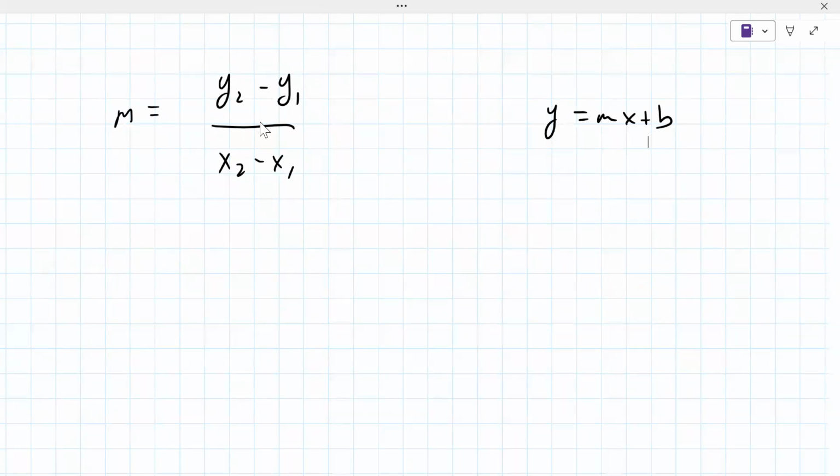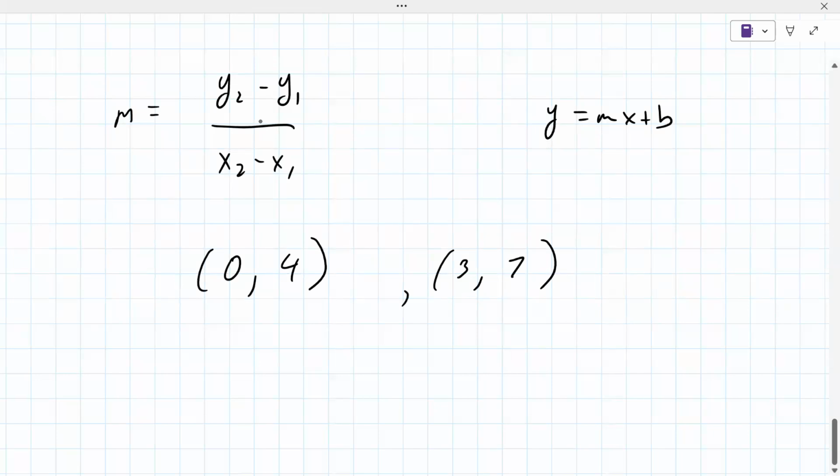All right, great. So let's give you some ordered pairs here. Let's say it's (0, 4) and (3, 7). Would you calculate the slope for us, please? So wouldn't the y1 go on? I forget which one it goes on. Like, this is x1, y1, x2, and y2. That's a great question. It's like, which one is it?